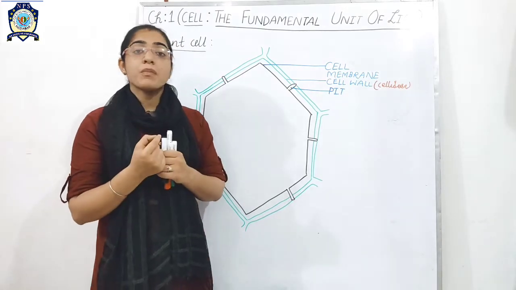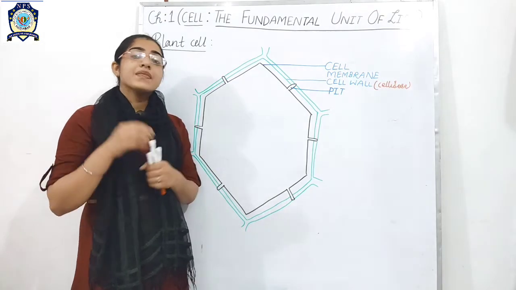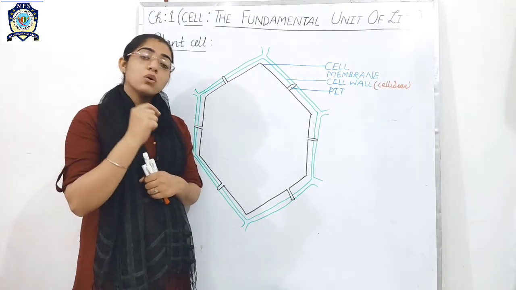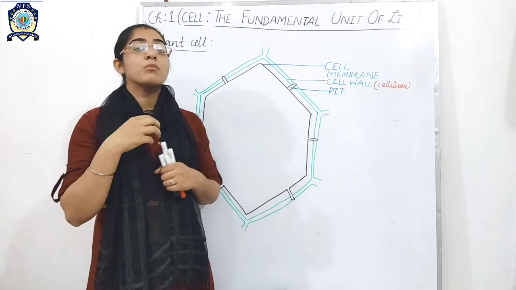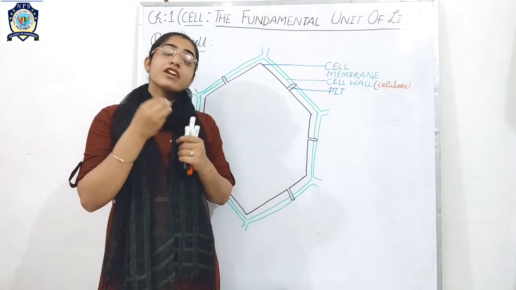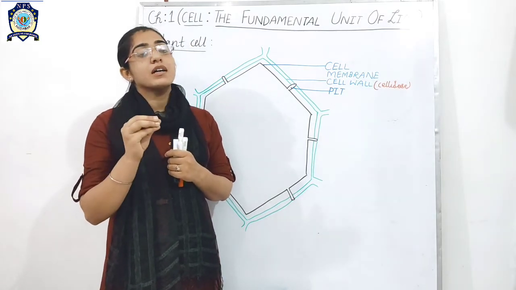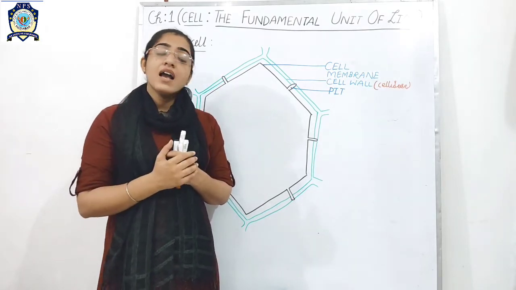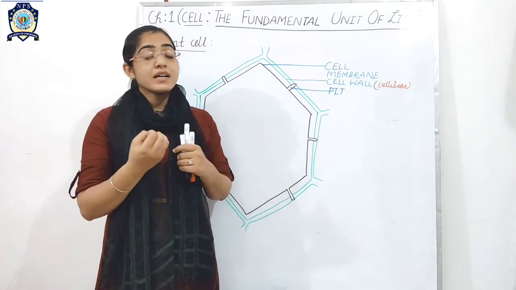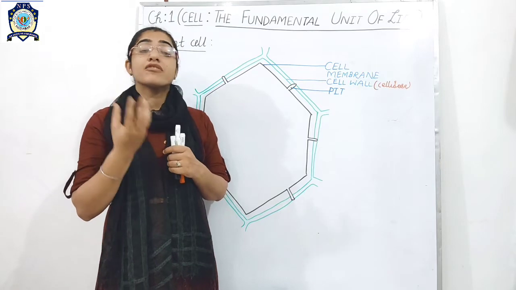But in the plant cell also, cells join to form tissue, but here tissues form different plant parts instead of special organs as in animals. So plant parts like the root, the stem, the leaf, the flower, the fruit.